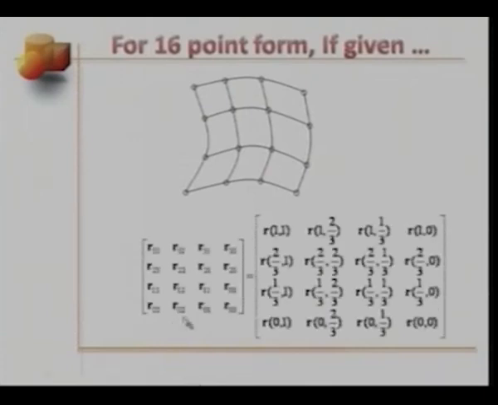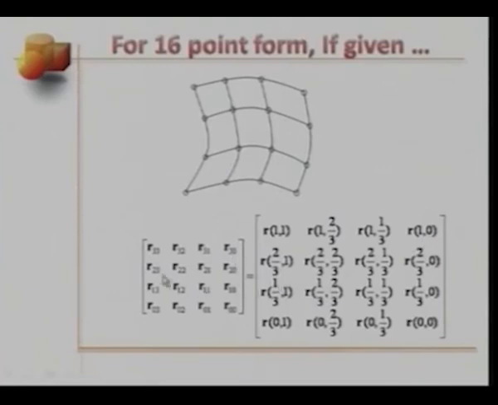So if you notice here, this matrix is the sample point matrix we'll be using to determine the Dij's. R33 is R11, R32 is R1, 2 over 3, R31 is R1, 1 over 3, R30 is R10.